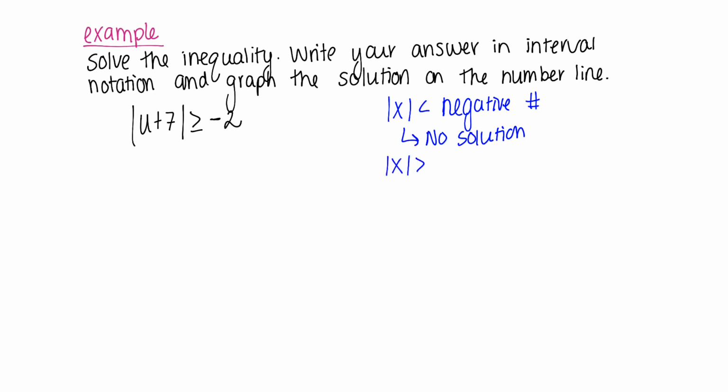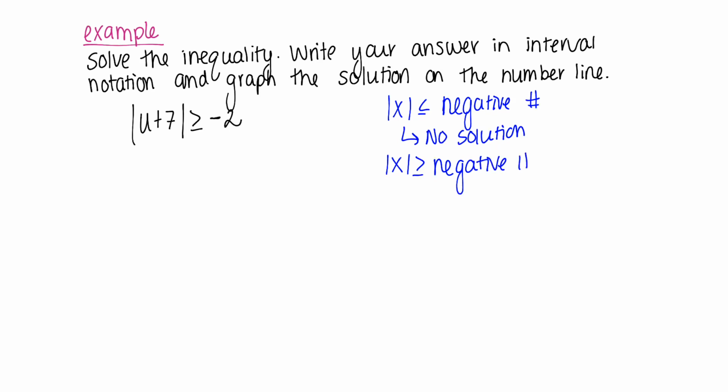And if you have the absolute value of x is greater than, and you can always add underlines on this too, it's the same, greater than a negative number, all positive numbers are greater than all negative numbers. So this is going to have infinitely many solutions, and it's actually all real numbers. This is true even if there's more stuff on the inside.